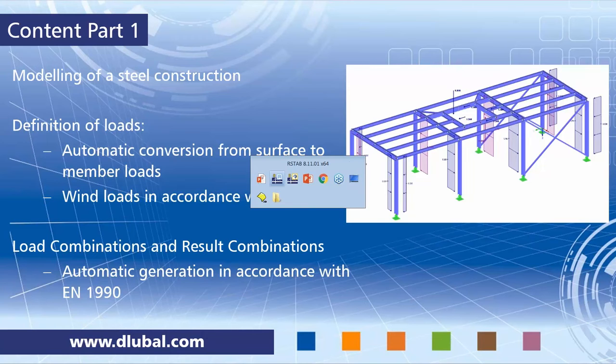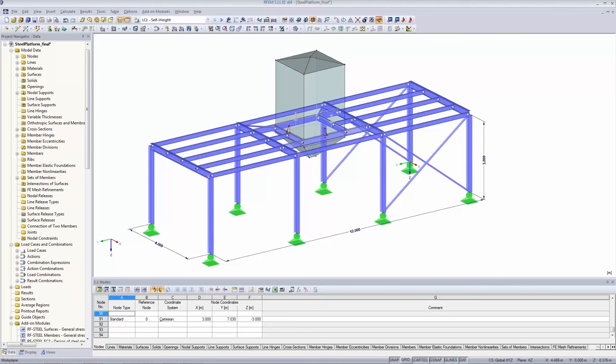So I'm going to show you the final model. This is the final structure modeled in RFEM. This is our finite element software. We are going to build a steel platform for a silo with presumably some fillings in it. We do not use RFEM today. We are going to use R-Stab.